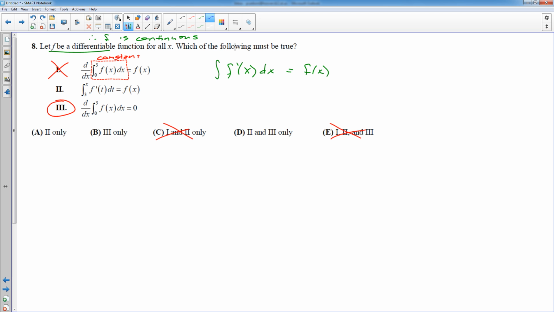If it is a definite integral from 3 to x, oh, by the way, that's a t, not an x, then you simply will evaluate that from 3 to x, which would be f of x minus f of 3, which actually is not what we have. We're missing the f of 3, so 2 is not true. 3 is the only one that's true.